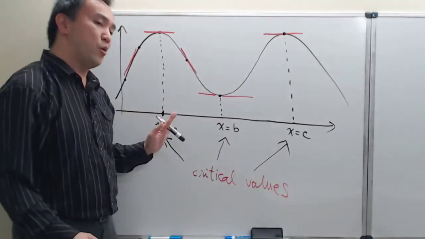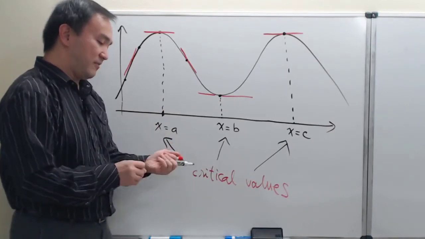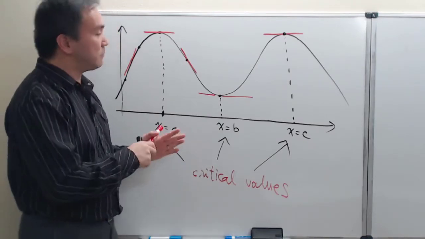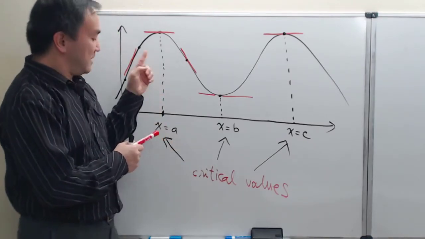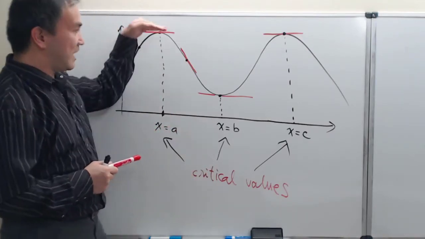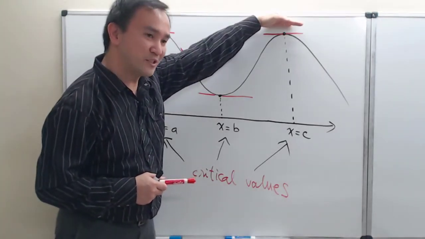So far, according to this picture, I can see that I have about 3 critical values. So critical values, from this hand sketch version of mine, are the x values. Critical values are the x values where our function hits a horizontal tangent line.